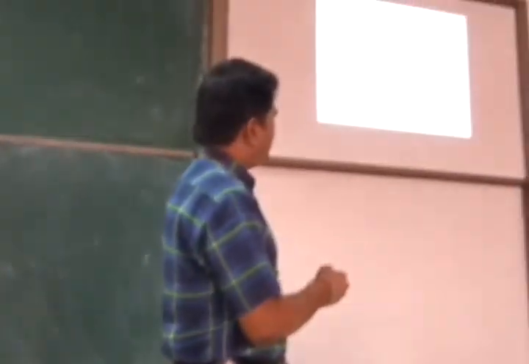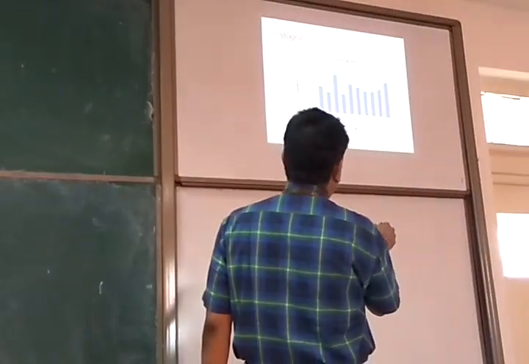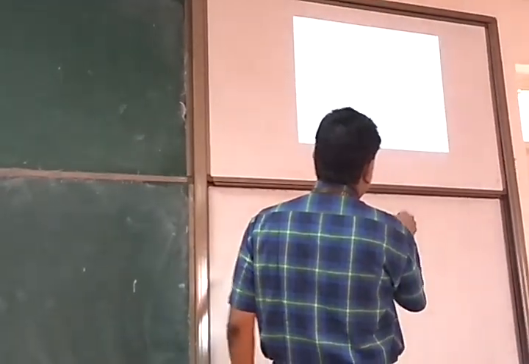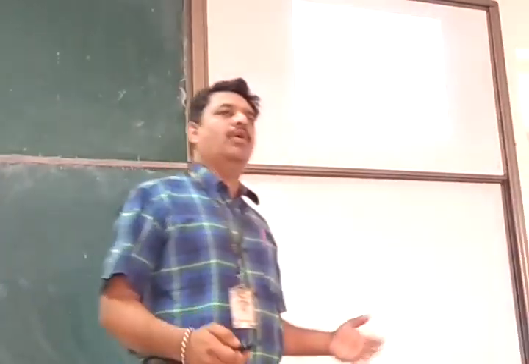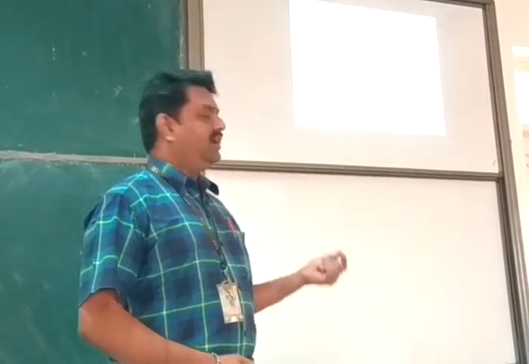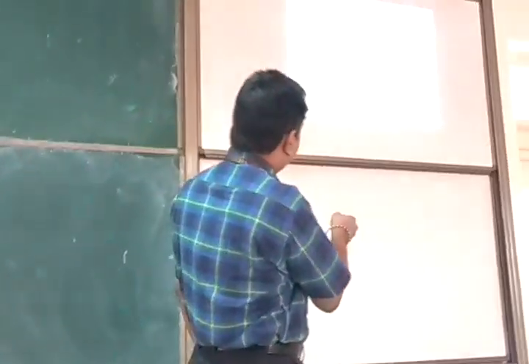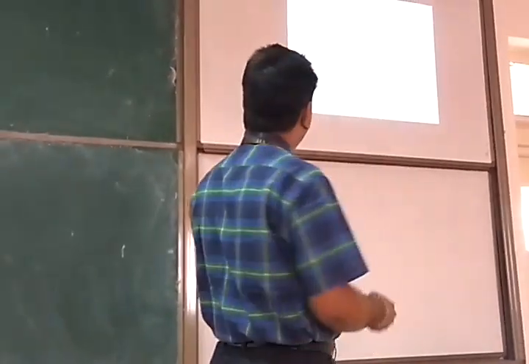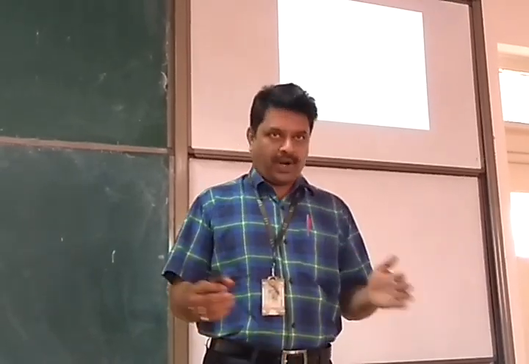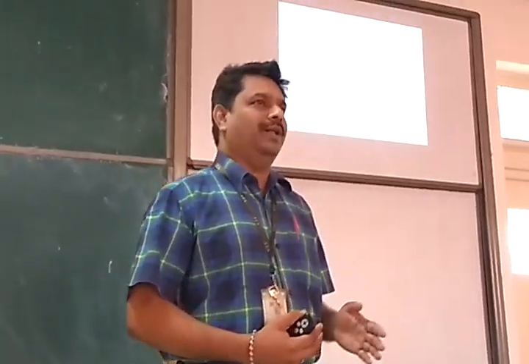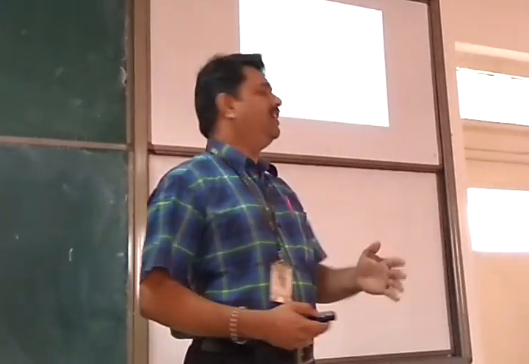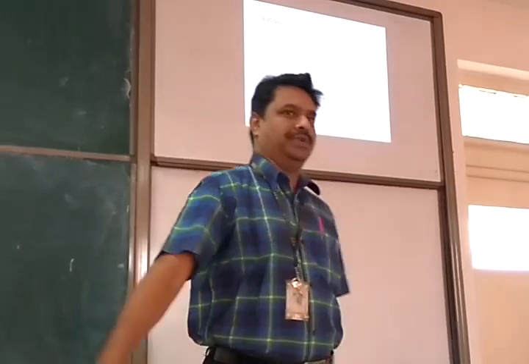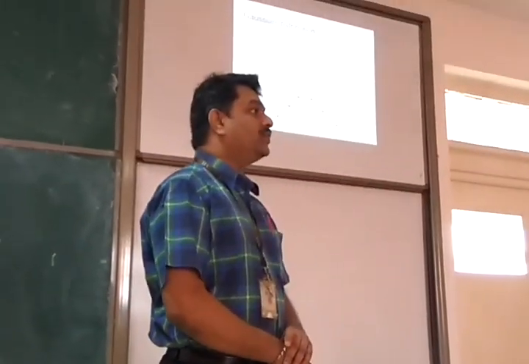This will give you a rough idea about how the values are distributed, whether you have more values towards the middle region or in the extreme region, and you get an idea. In fact, you reduce the difference, you don't give any gap between one bar and another bar. And any natural process, if you do it a large number of times, will follow the so-called Gaussian distribution.